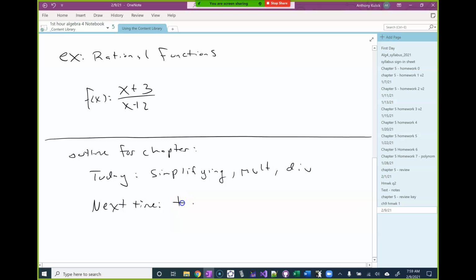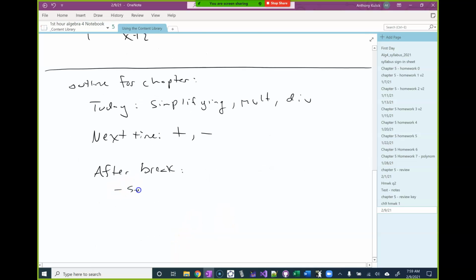Next time we're going to do addition and subtraction. After break, we'll do a day with solving and then a day with graphing what I'm going to call simple rational functions. And that's going to be it for this chapter.